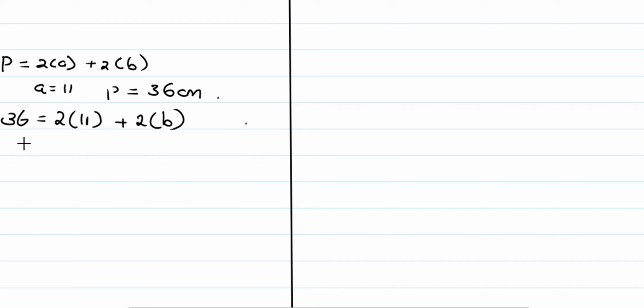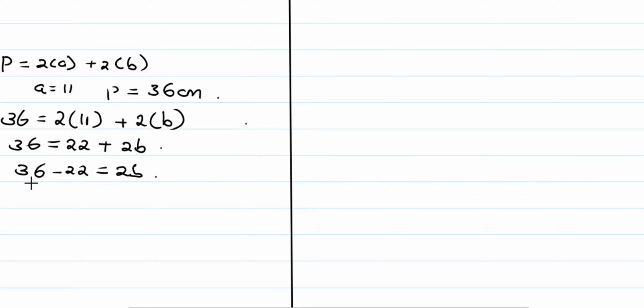So from there, we'll say that 36 is equals to 2 multiplied by 11, which is 22, then plus 2 multiplied by B, which is 2B. So from there, we can take this 22 to the other side, and it becomes that 36 minus 22 is equals to 2B, like this.